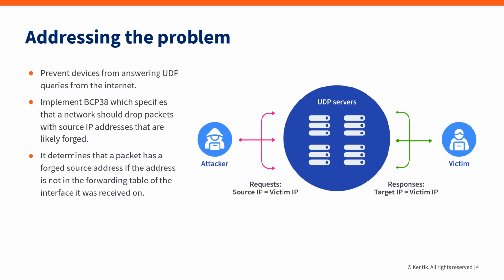And so how do we address this problem? Specifically, we're talking about reflection attacks. We can try to secure all those internet connected devices. If they weren't answering these types of UDP queries from the internet, then they wouldn't be able to be tricked into sending traffic onto a victim.